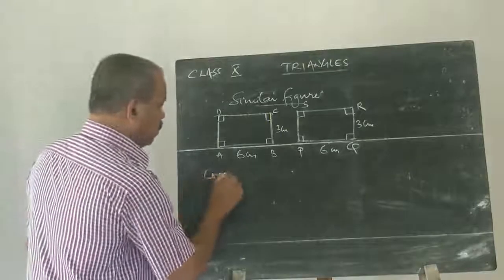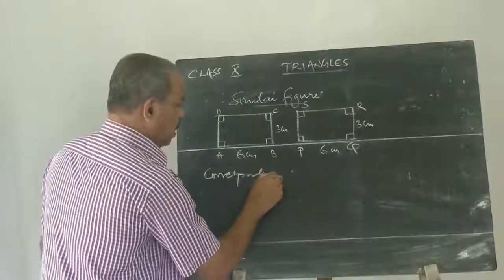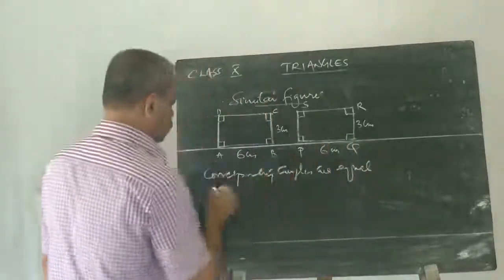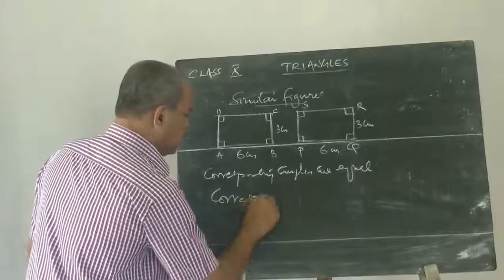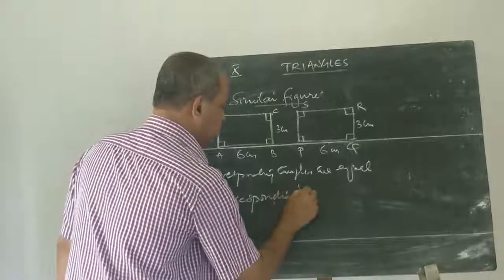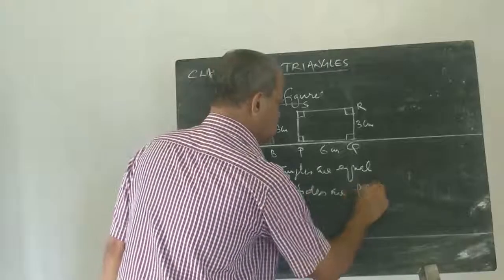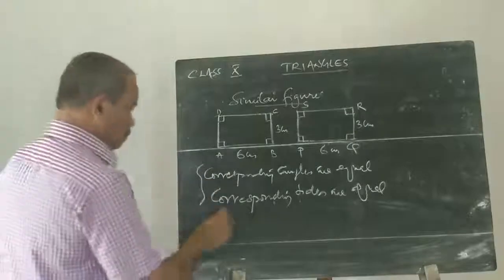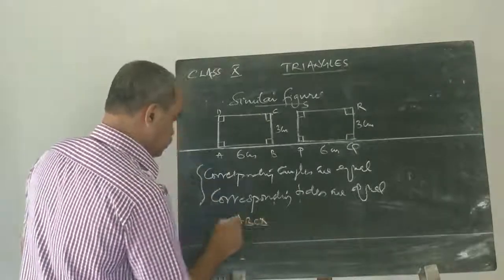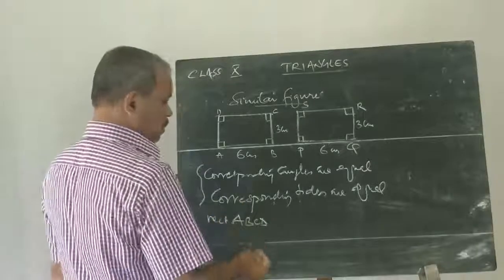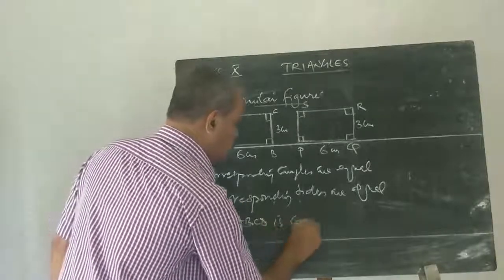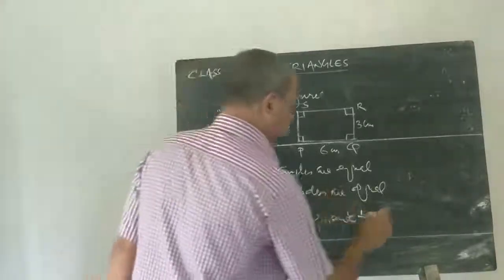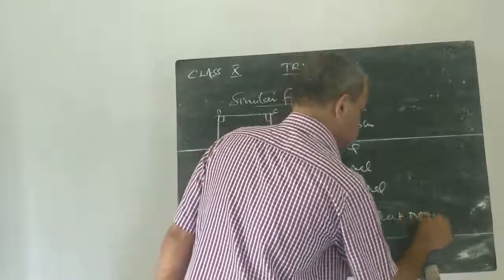Therefore, rectangle ABCD is congruent to rectangle PQRS.